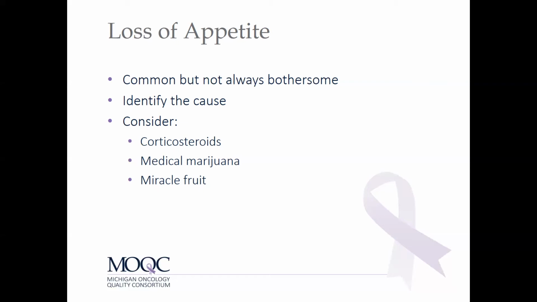Versus something like miracle fruit, which you can find on Amazon, and it's something we recommend fairly commonly for patients who have lost their taste. You can have them play games with it to give them something interesting to do, but to also give them some nutrients. Miracle fruit is a tablet that you can just dissolve on your tongue, and it changes the way that foods taste.